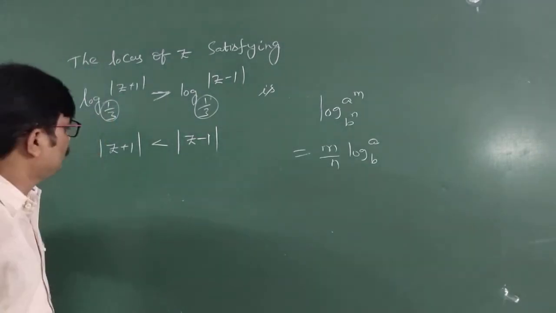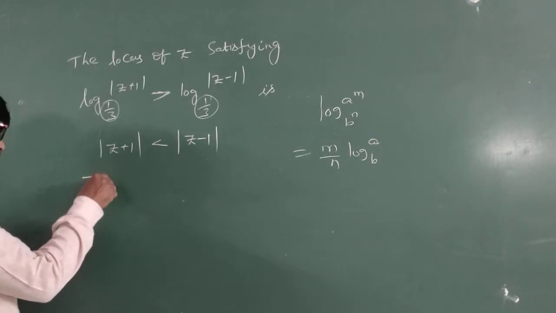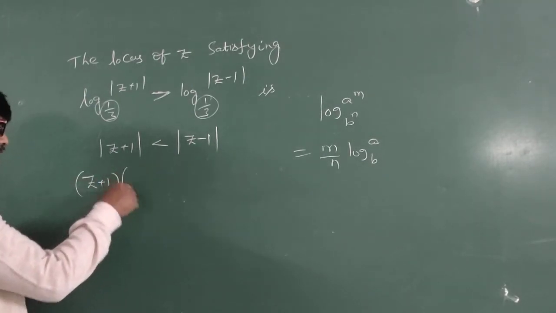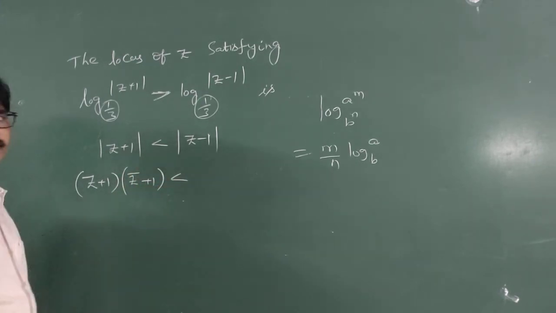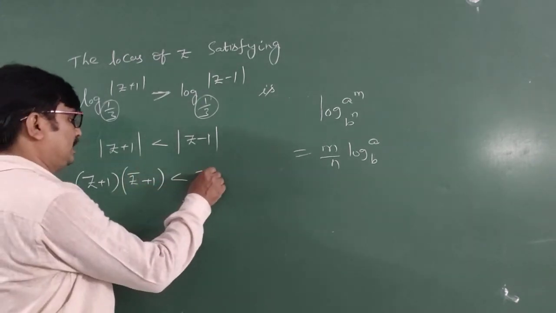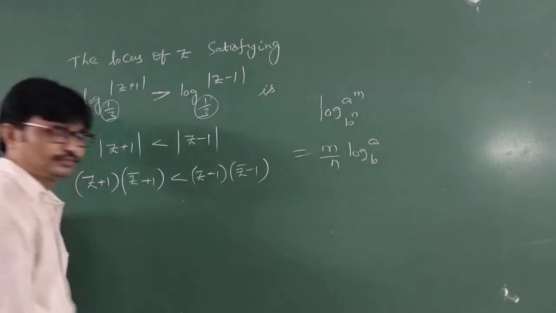Now students, when we are squaring on both sides, it will be written as z plus 1 times z bar plus 1 is less than z minus 1 times z bar minus 1. Okay.